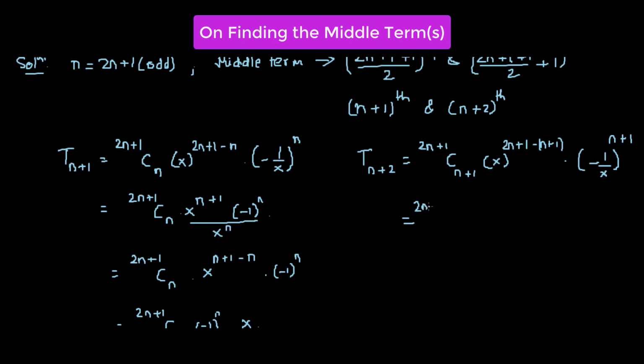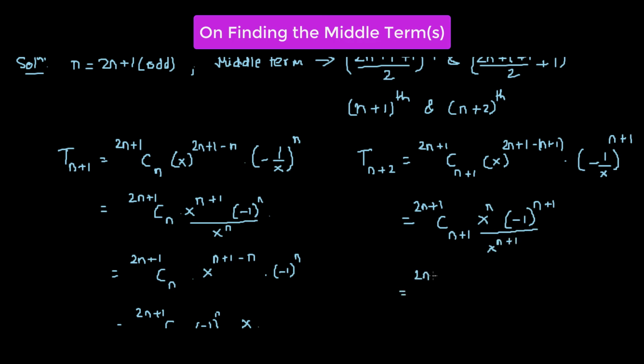This equals 2n plus 1 c n plus 1 times x raised to the power of 2n minus n, which gives us a single n. The plus 1 and minus 1 cancel out, so it leaves us with x raised to the power of n, times negative 1 raised to the power of n plus 1, divided by x raised to the power of n plus 1.